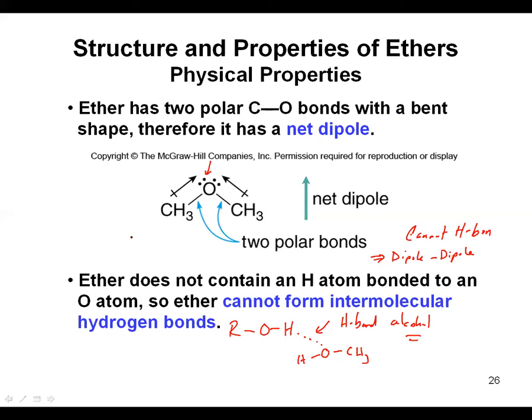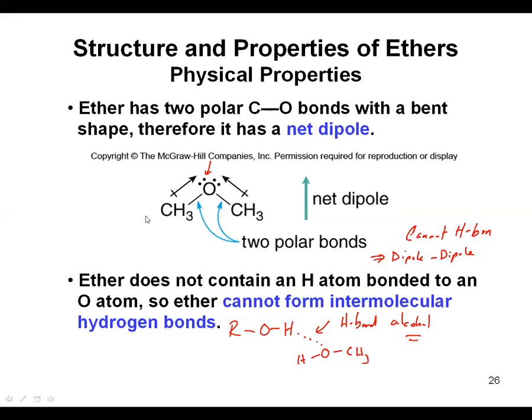Ethers would then be underneath them because although they can't hydrogen bond, they can still interact with a hydrogen that's from something else like water. They typically will have a little bit lower boiling point, but a higher boiling point than alkanes. Alkanes are our carbon-carbons, carbons to hydrogens, nothing else really there.